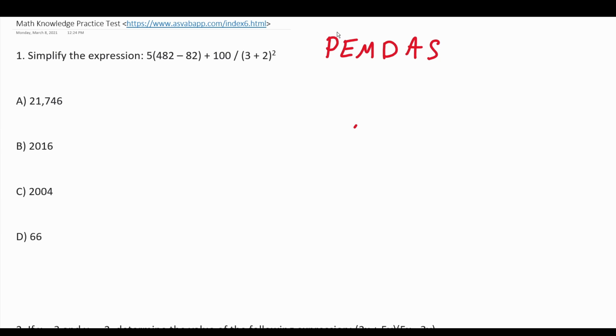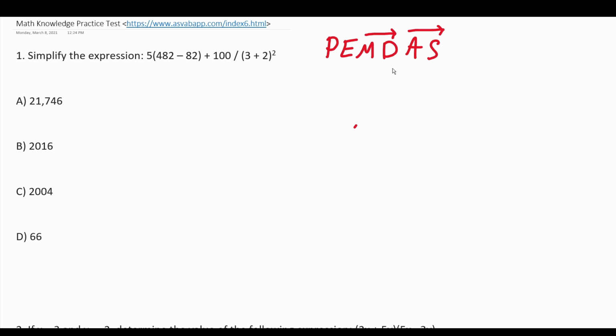That is to say, you work out what's in parentheses first, then you do exponents. After that, you do multiplication and division as they appear in the expression from left to right. That is to say, those have equal precedence. And then finally, you do addition and subtraction as they appear from left to right. Likewise, those have equal precedence too.